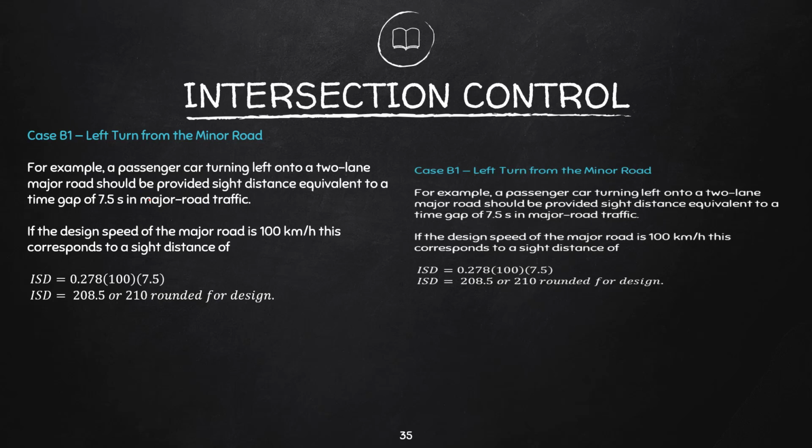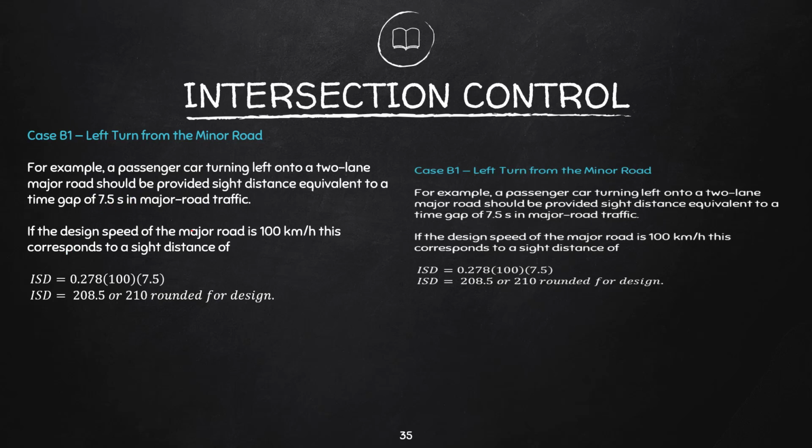For example, a passenger car turning left onto a two-lane major road should be provided sight distance equivalent to a time gap of 7.5 seconds in major road traffic. That is, for a passenger car, we should provide 7.5 seconds.